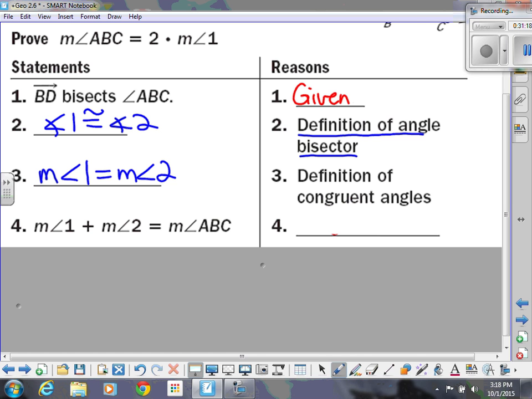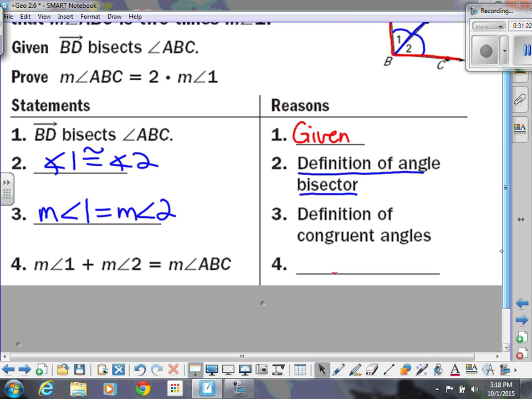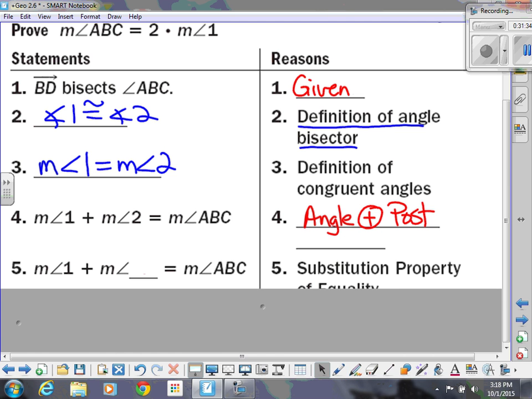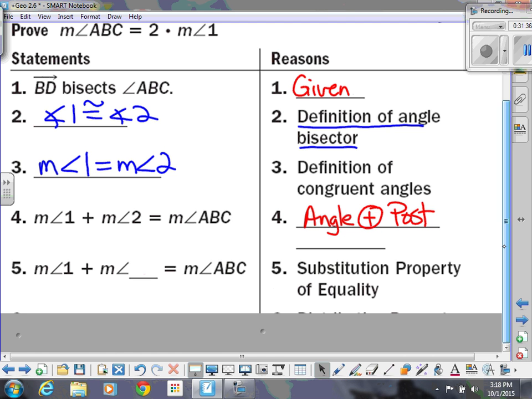Okay, so now we're going to show that the measure of angle 1 plus the measure of angle 2 equals that big angle. Anytime we're doing 2 smaller angles to equal the bigger one, that's called angle addition postulate. And then we have the substitution property of equality.